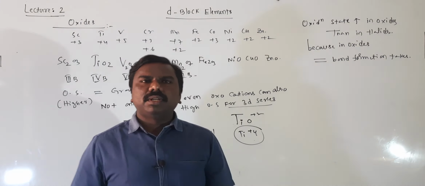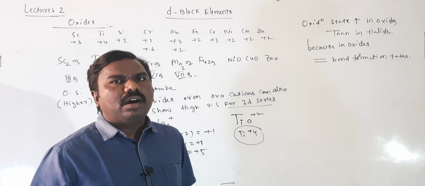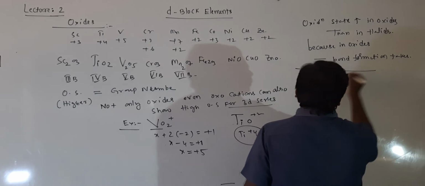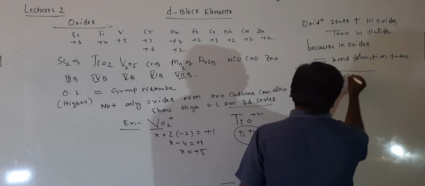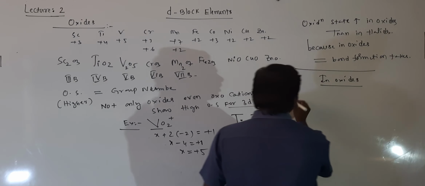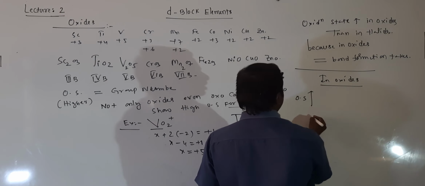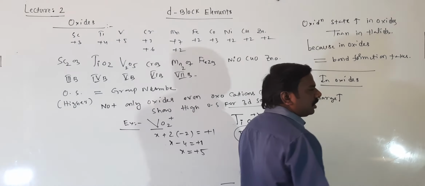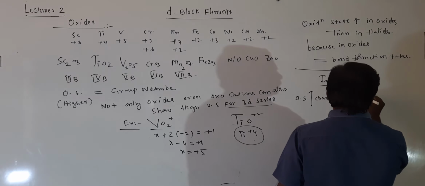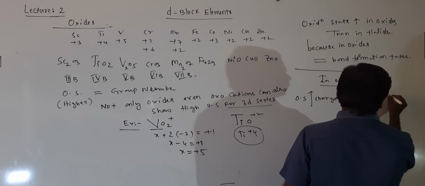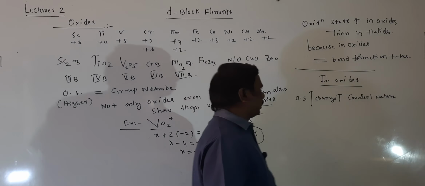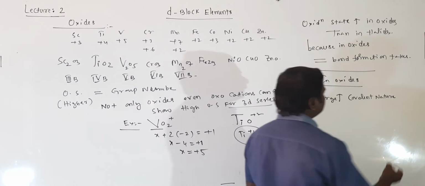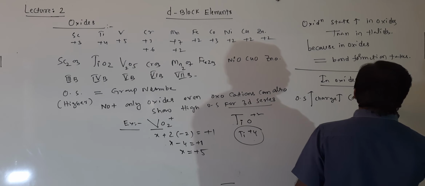That's why they are more stable in higher oxidation state. Next important one: in oxides, as oxidation state increases, nothing but charge increases, covalent nature increases. As charge increases, obviously, it is more acidic. Acidic nature will increase.